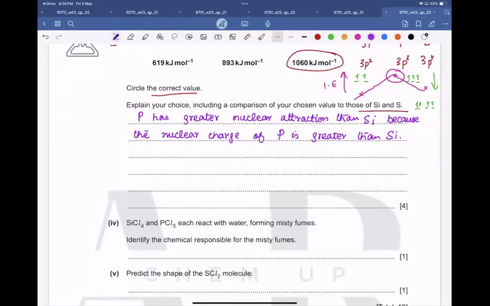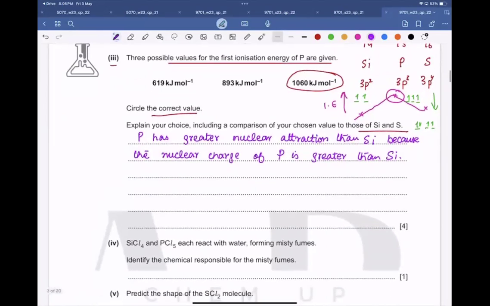When we compare phosphorus and sulfur, there is a pair over here, due to which, although it has a greater nuclear charge, the pair of electrons repel each other and as a result they get at a distance.